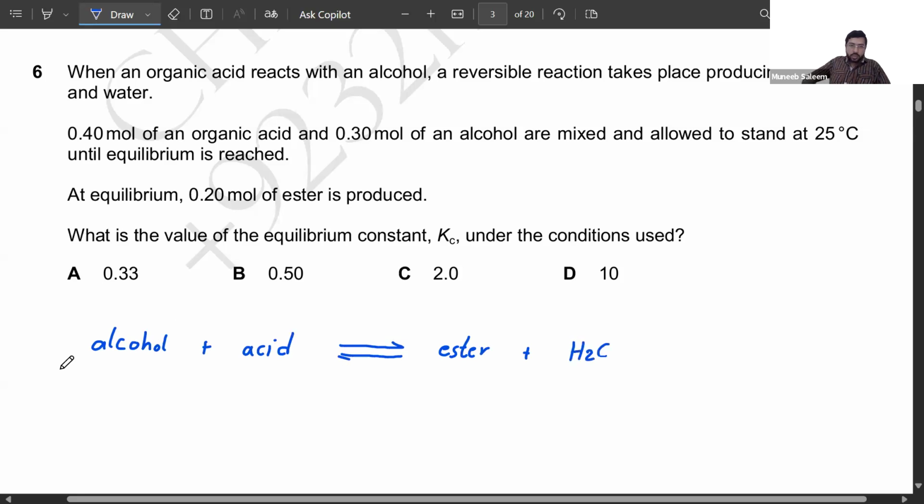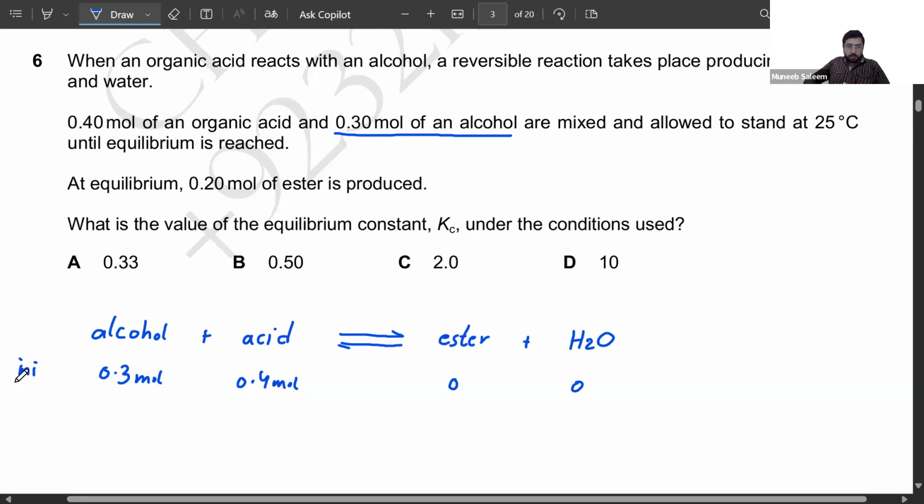All right, now initially the amount of the alcohol which was taken was 0.3 mole, and at that time the acid was 0.4 mole. Now in that case, the ester produced was 0 and water produced was also 0.